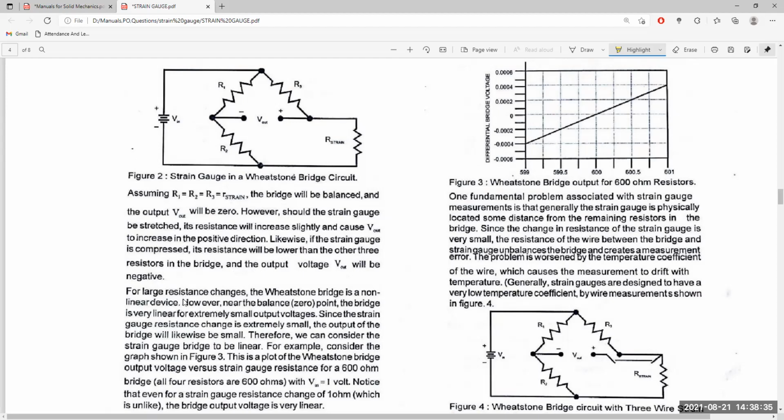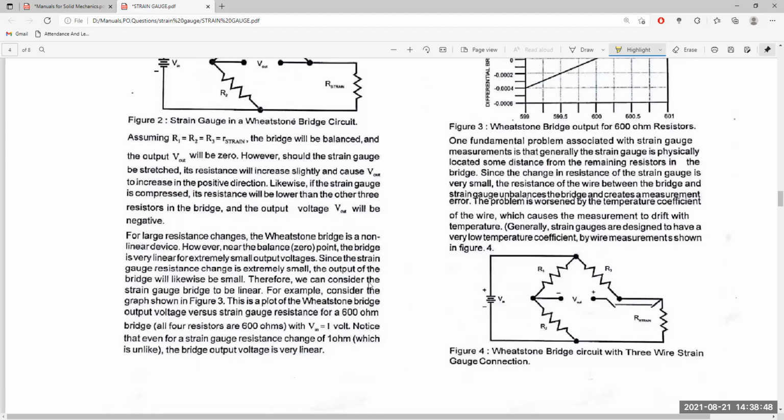For large resistance changes, the Wheatstone bridge is a non-linear device. However, near the balance or 0 point, the bridge is very linear for extremely small output voltage. Since the strain gauge resistance change is extremely small, the output of the bridge is likely to be small.